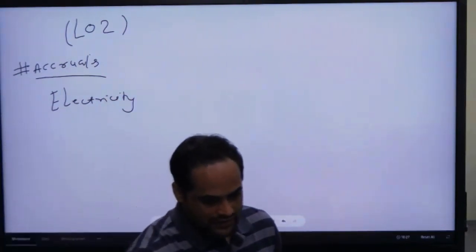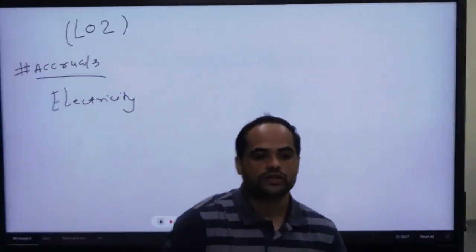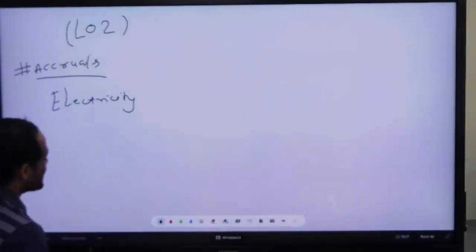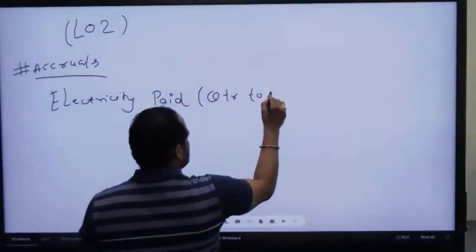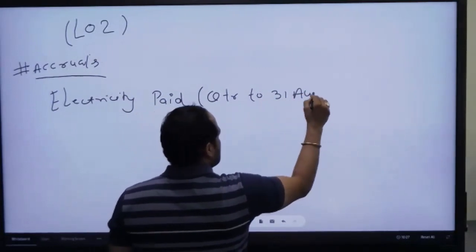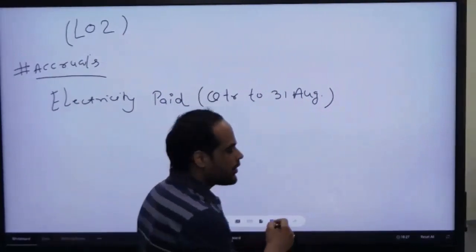So as per your assignments, I'm going to write down the information for you. Electricity paid, which is quarter to 31st August, and the amount 309.